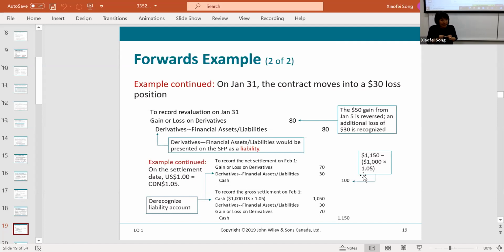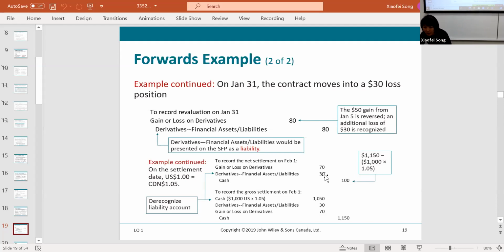So that's a 10 cents difference for each US dollar you're going to purchase. So the total difference is $100, right? So with the forward contract, A needs to pay $100 more for the same 1,000 US dollars. So that's the cash part, the net settlement.